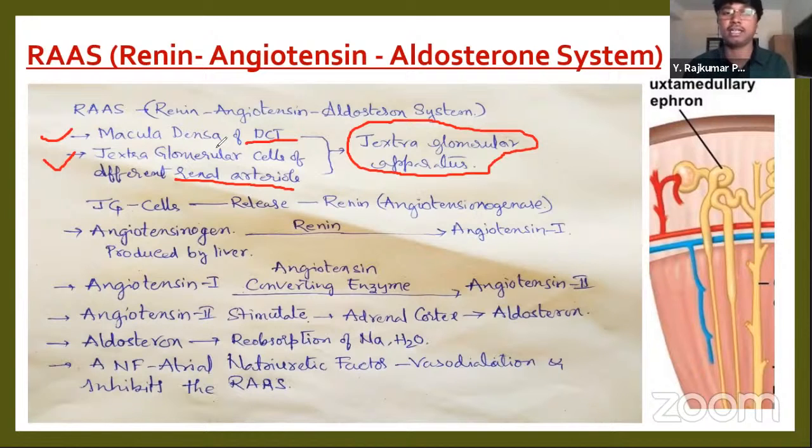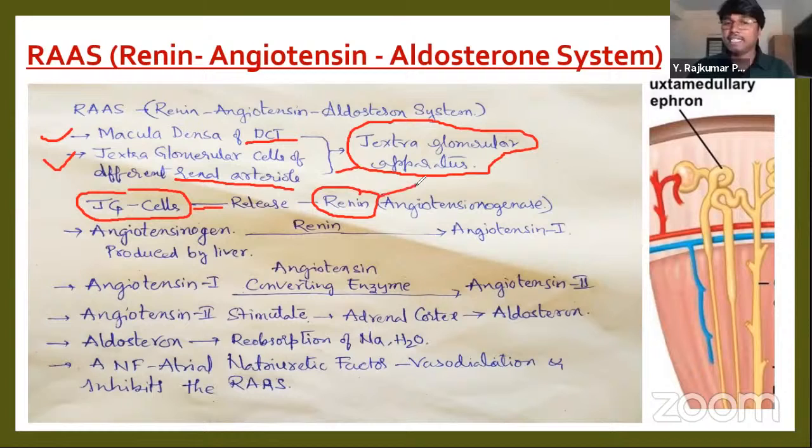Both of them make up the juxtaglomerular apparatus. These juxtaglomerular cells release an enzyme called angiotensinogenase, which is also called renin.